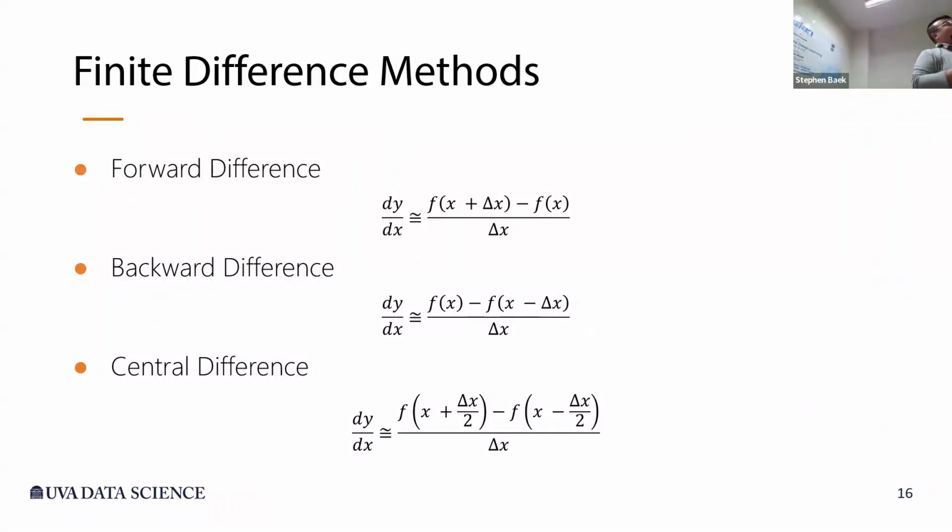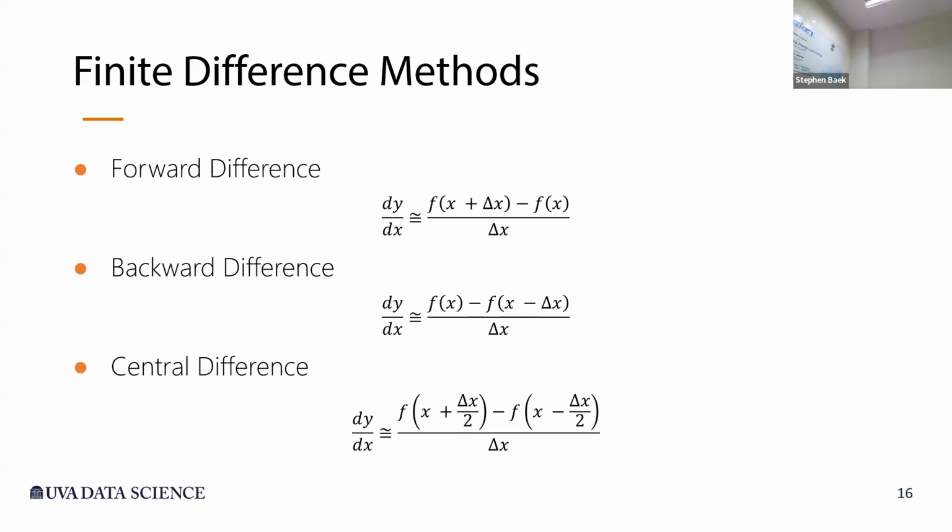In 1D, if x is a one-dimensional quantity, you just need to evaluate the function two times and then divide by delta x. But what if x is n-dimensional?